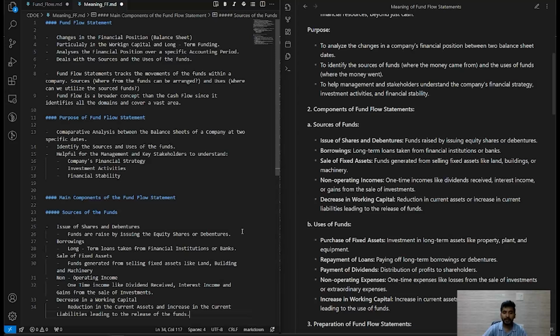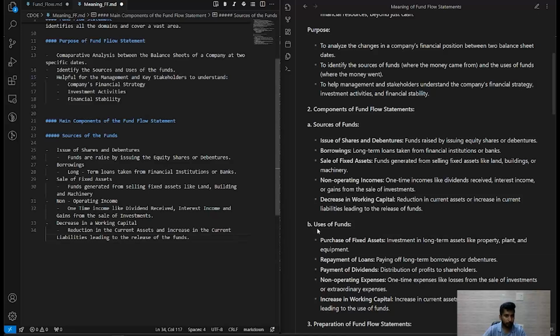So, in a bird's eye view, the sources of the funds include the issue of shares and debentures, the borrowings, the non-operating incomes, and the decrease in working capital along with the sale of fixed assets. This is the one aspect of the fund flow statement, that is the sources.